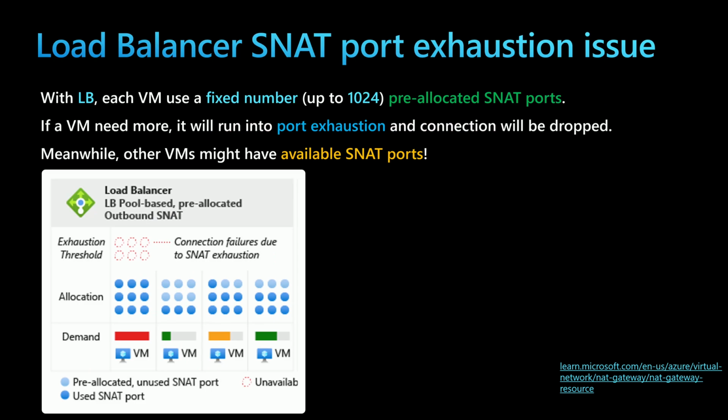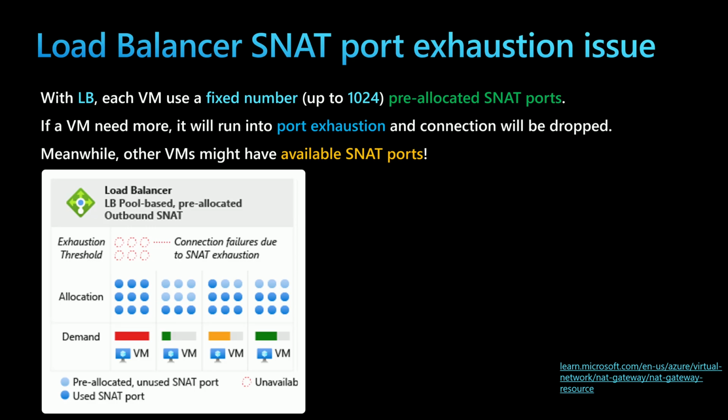With the load balancer, each virtual machine will use a fixed number, up to 1024 pre-allocated SNAT ports. If a virtual machine needs more, it will run into port exhaustion and the connection will be dropped. The VM is limited to that number. However, at the same time, some other virtual machines might have available SNAT ports, but our virtual machine cannot use other VM's ports. The port numbers are allocated per virtual machine.